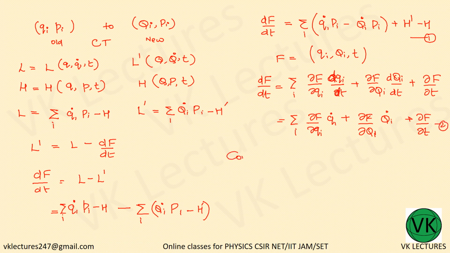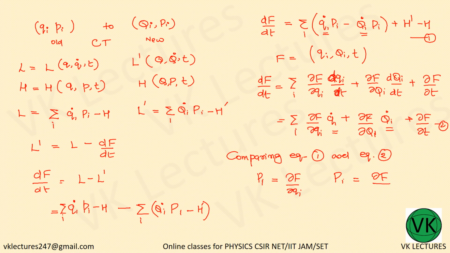Now comparing equation 1 and equation 2, we get pi is equal to dou f by dou qi, and capital Pi is equal to minus dou f by dou capital Qi, and the last term h dash minus h is equal to dou f by dou t.